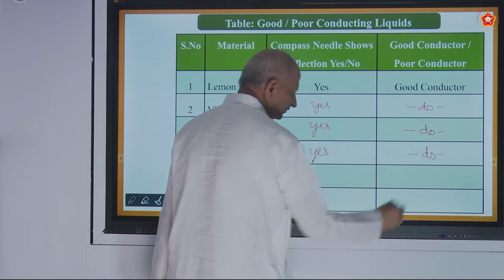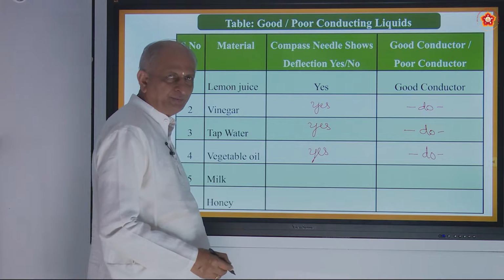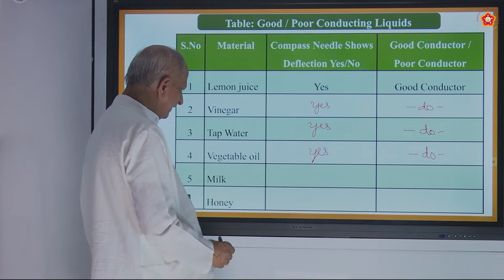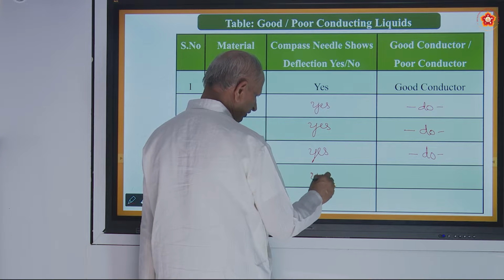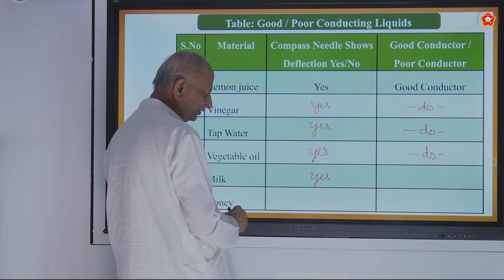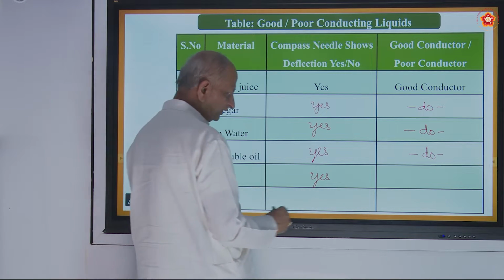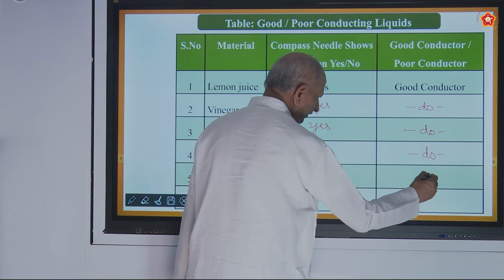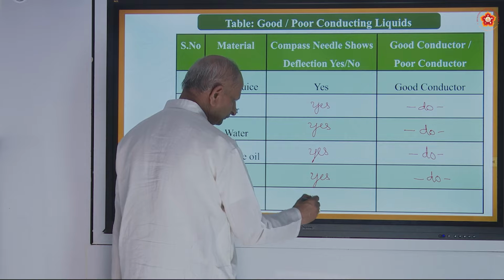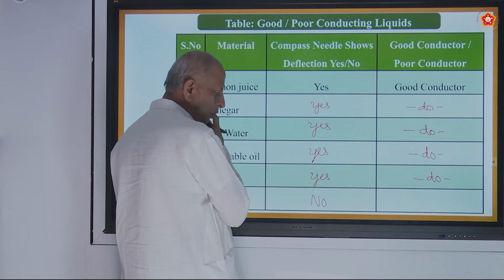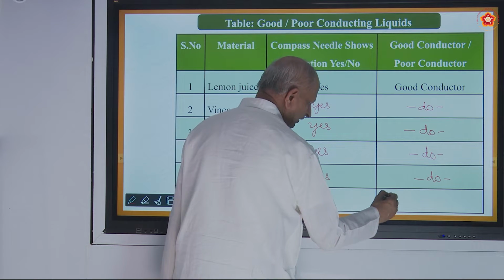Some vegetable oils do not allow the current to pass through them. Milk. Milk as it is, is not a good conductor, but when it is diluted, it conducts electricity, and you can say milk also is a good conductor. But honey, it does not allow, so it is a bad conductor.